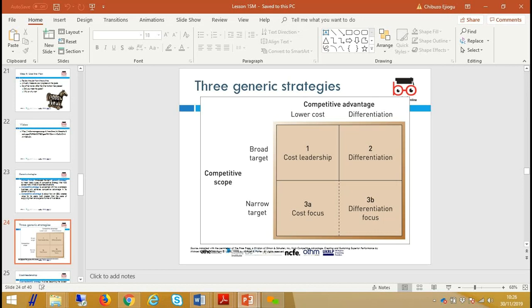He says most organizations will end up with one of three strategies: cost leadership, differentiation, or cost focus.